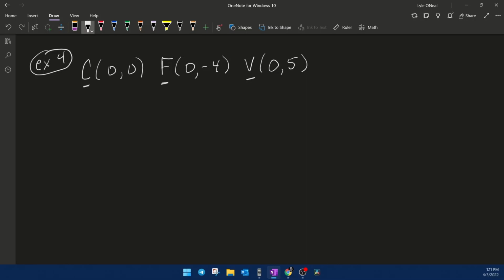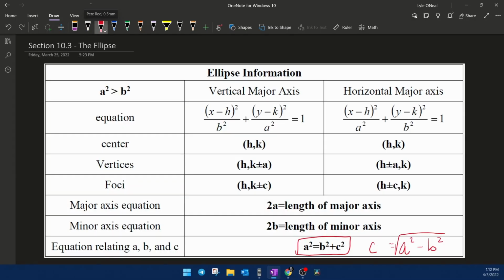With this information, I would like to draw your attention to the x-coordinates. Did you notice that all of the x-coordinates are identical? So going back to our information sheet, I think I alluded to this earlier, that if all of your x-coordinates are identical, then you're going to have a vertical major axis, and this is the standard form of the equation that we're going to be shooting for, okay?